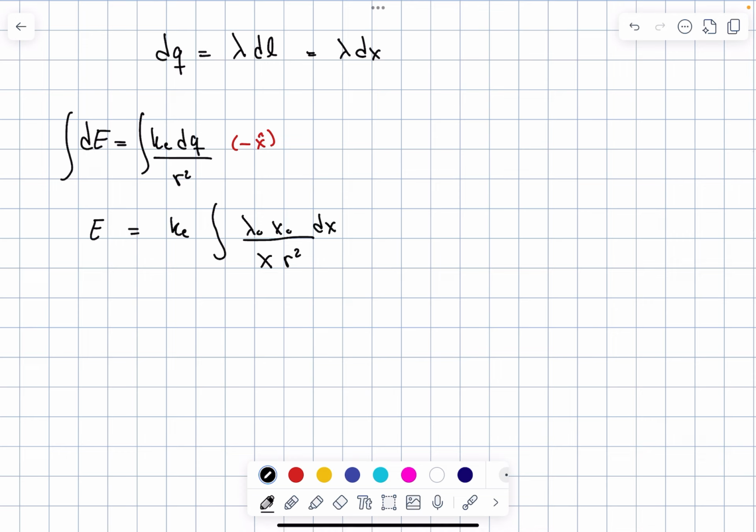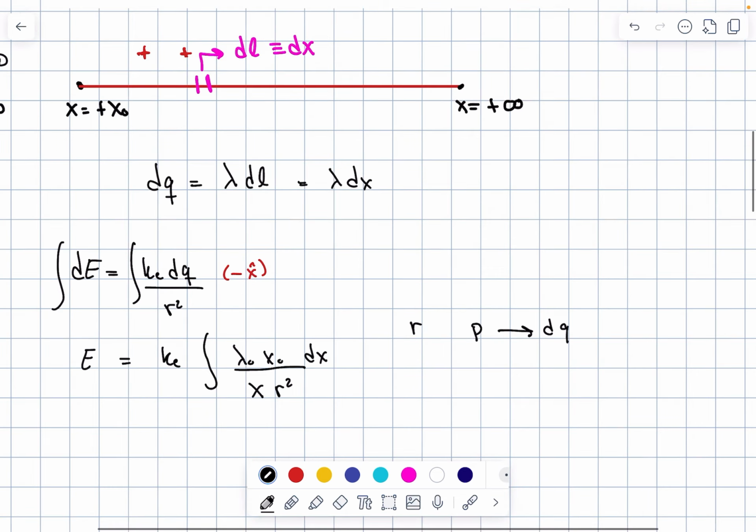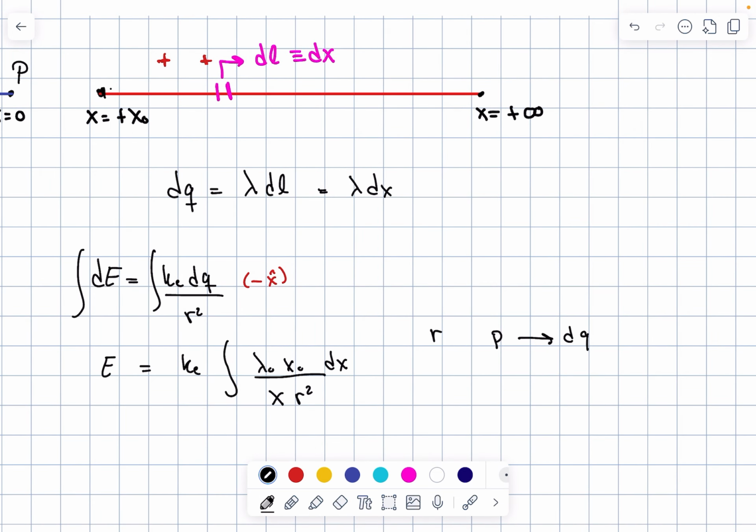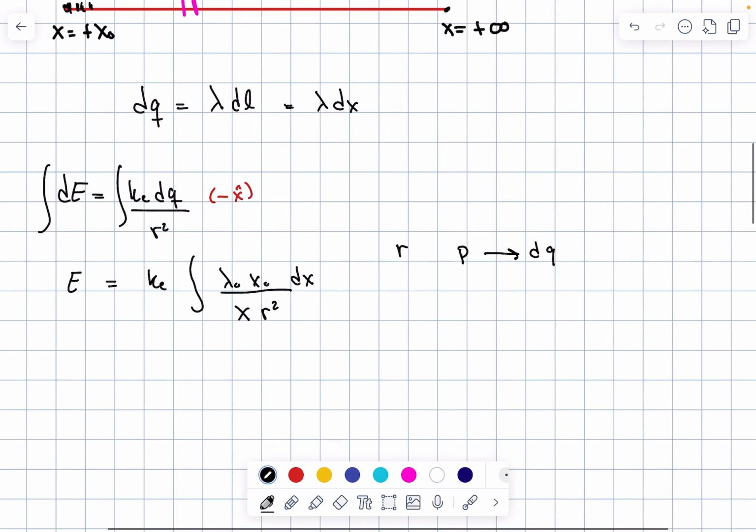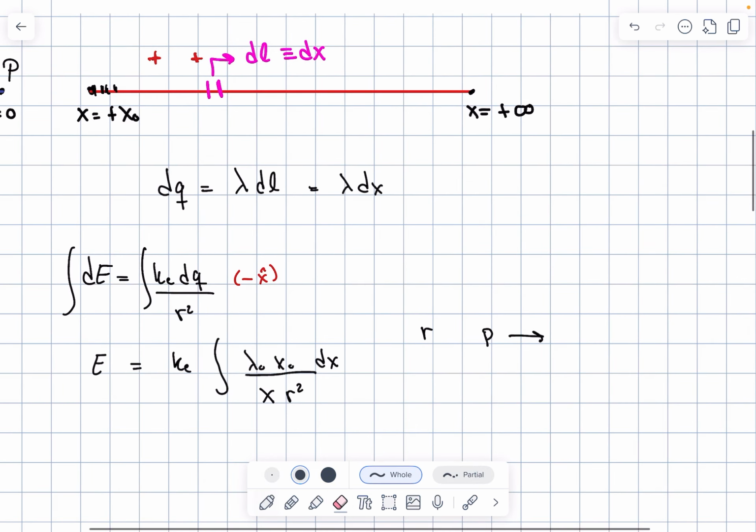Now we have to figure out what r squared is. r is the distance from our point to dq. And dq is just a little segment, and we have tons of these little segments that vary with dx. Every dx is a little bit further away.